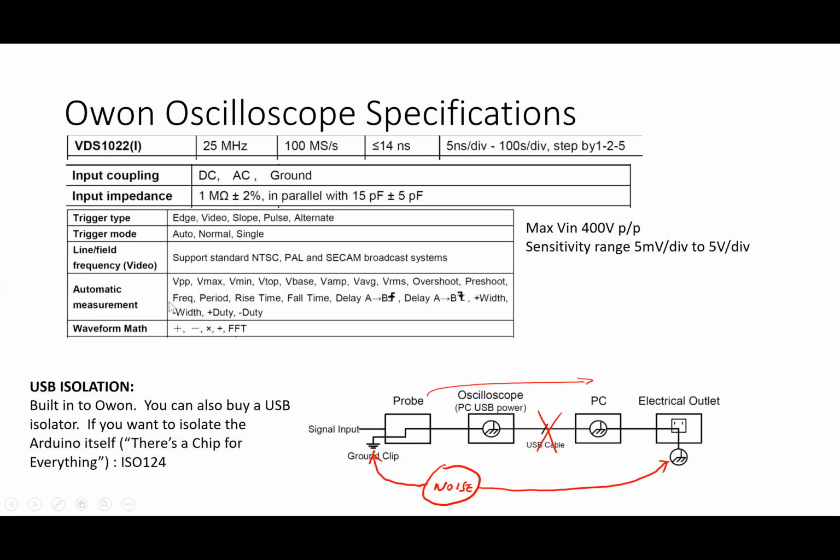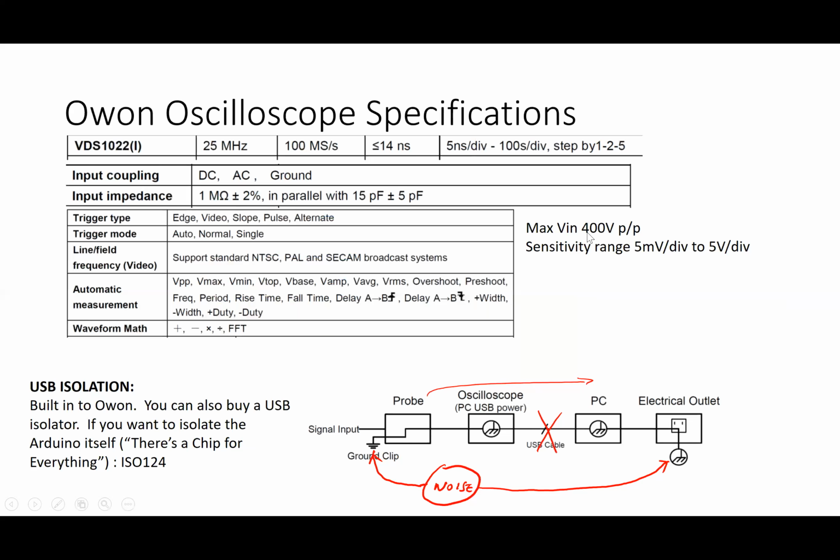trigger event. There are a whole load of automatic measurements that can be made here, and we'll illustrate some of them. And there's even math you can do on the 2 channels, adding them, for example. And then on an individual channel, you can analyze the frequency content using something called a Fourier transform.